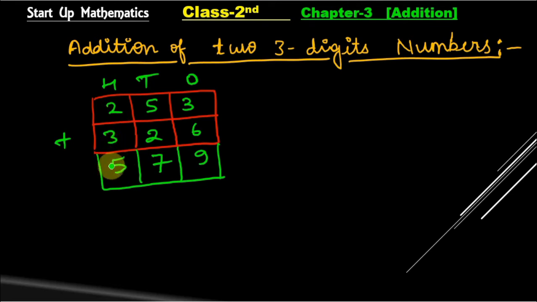So your answer is 579, and this is called the sum. The answer we get in addition is called the sum, and sum is spelled S-U-M.